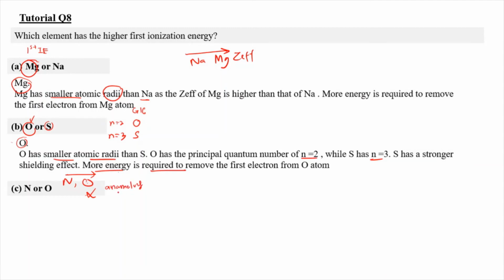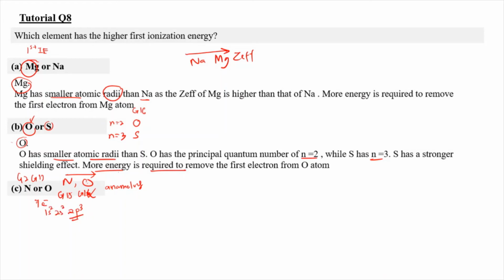where the anomalous cases happen in group 15 and group 16, as well as in group 2 and group 13. So you know that nitrogen here will have a 2p3 half-filled orbital. For nitrogen, you're going to have 7 electrons, right? So it's going to become 1s2, 2s2, and 2p3.